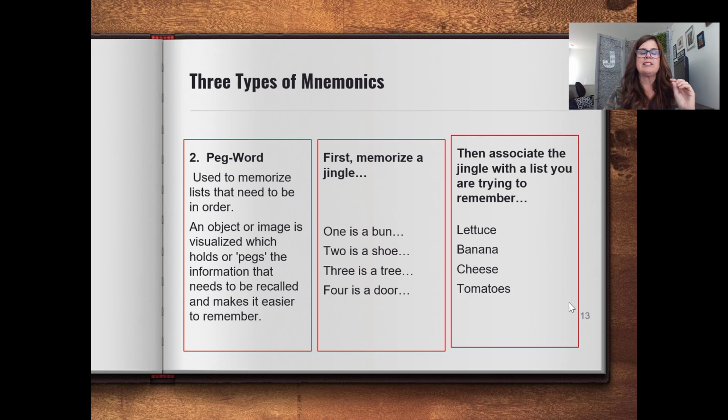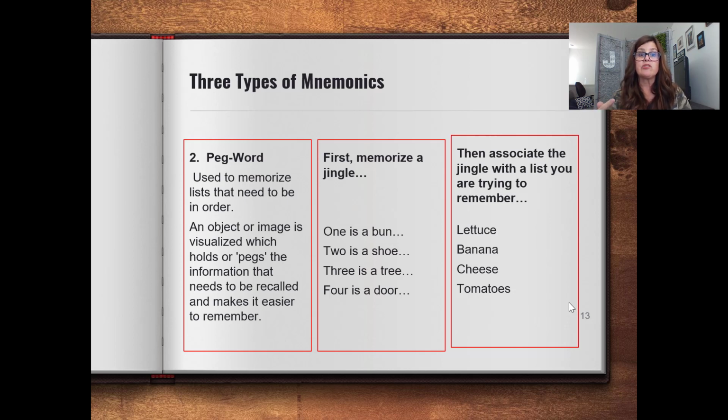So peg word is used to memorize a list that needs to be in order. Sometimes it's important to remember things in a particular order. So an object or an image is visualized, which holds or pegs the information that needs to be recalled and makes it easier to remember. So the example will clarify that definition.